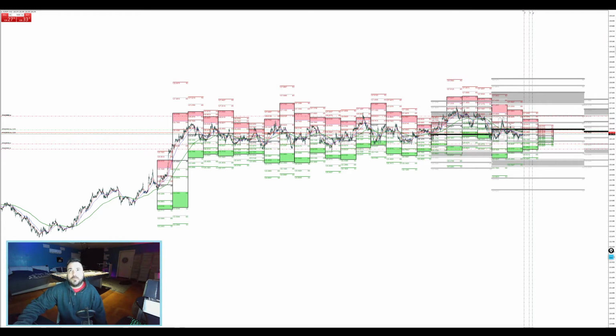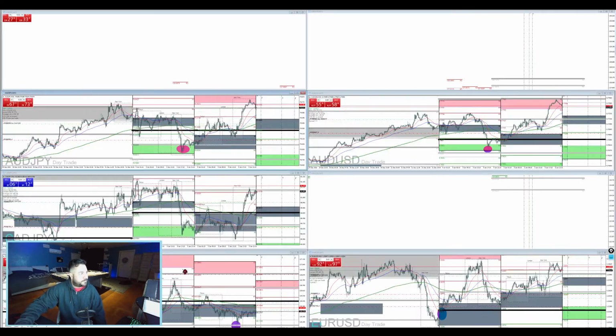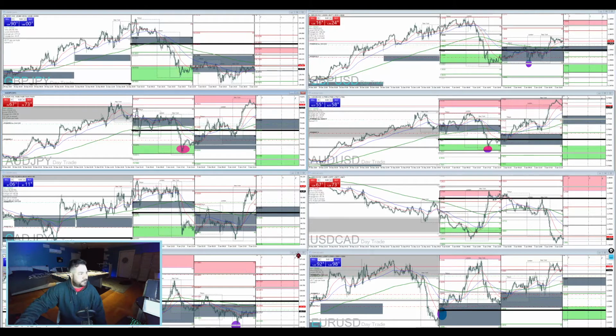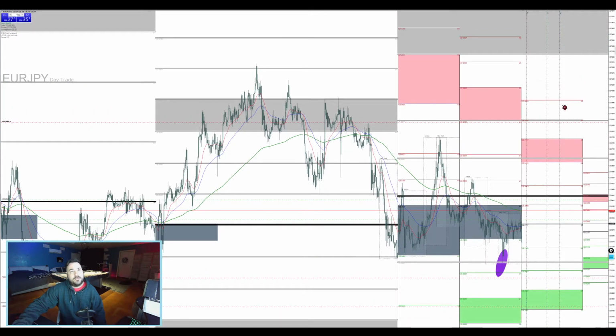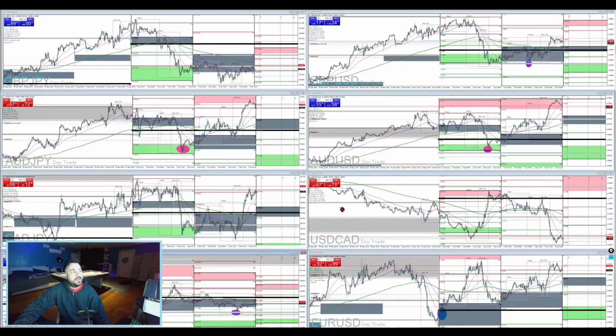Alright, so I'm going to go back over to my pivots. Make sure that they are at the M5. Okay, so let me minimize this here. We got that set up already.